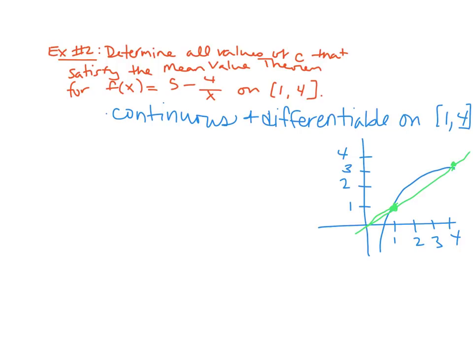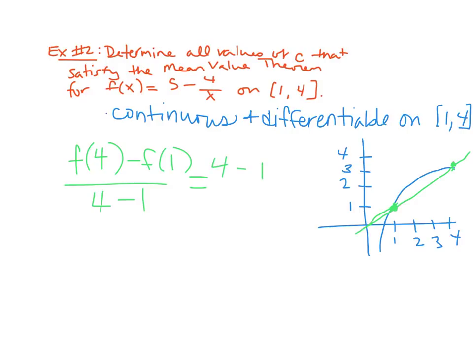So before I find that, I need to find the slope of that green secant line. And that is going to be f of 4 minus f of 1 all over 4 minus 1. So f of 4, if you plug it in, you are just going to get 4. F of 1 just gives you 1.